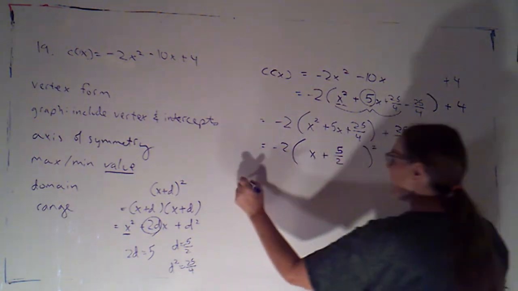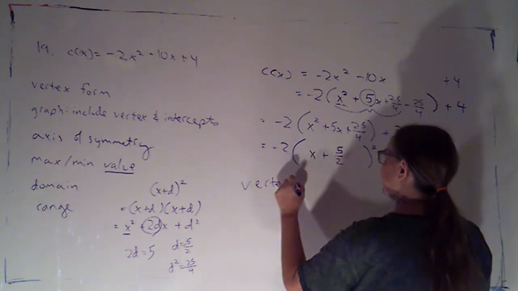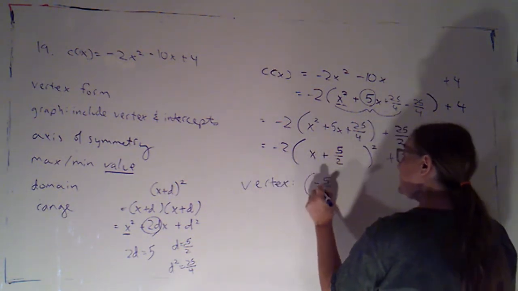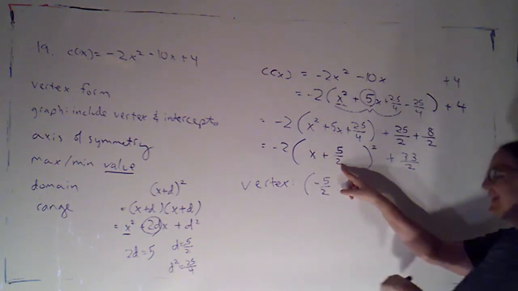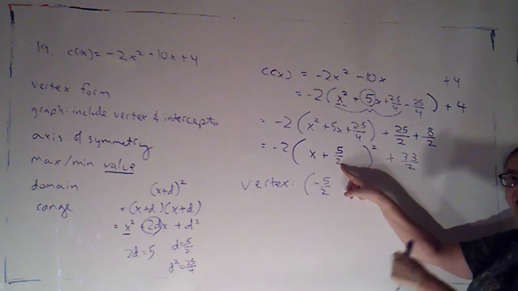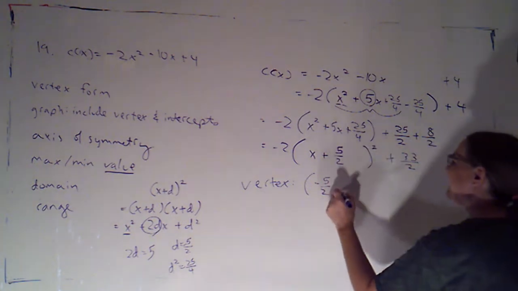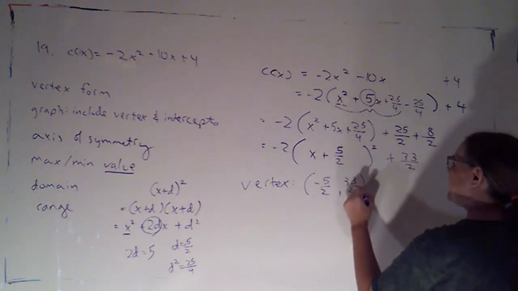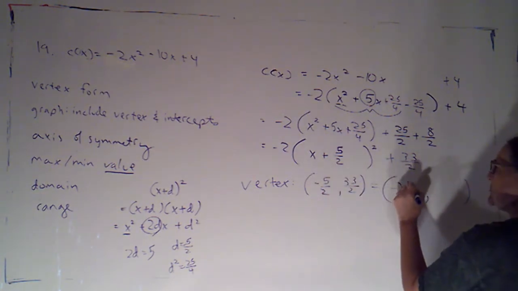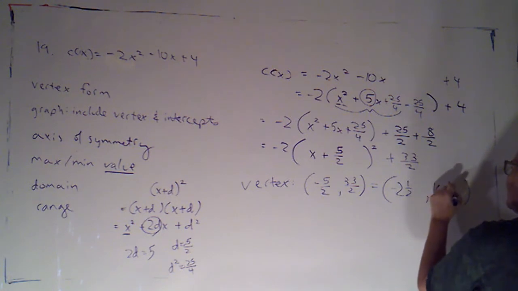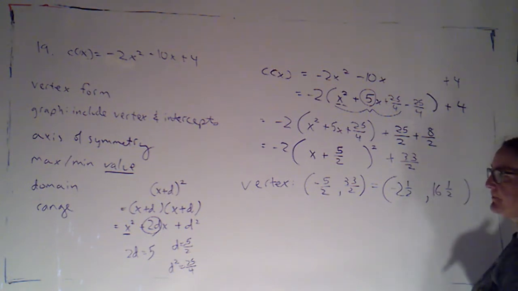So now from here I can pick out the vertex. The vertex is going to be negative 5 halves. Do remember, don't forget that we need to change that sign, comma, 33 halves. And for graphing purposes, it might help to recognize that's negative 2.5 and then 16.5.